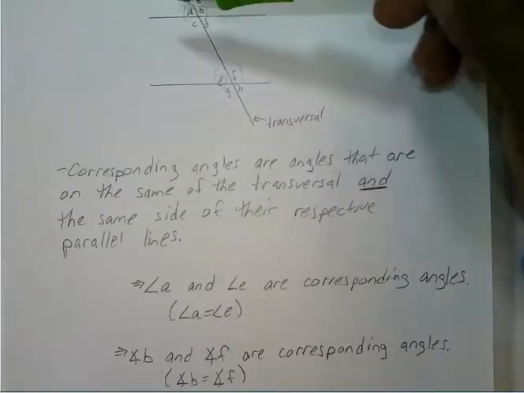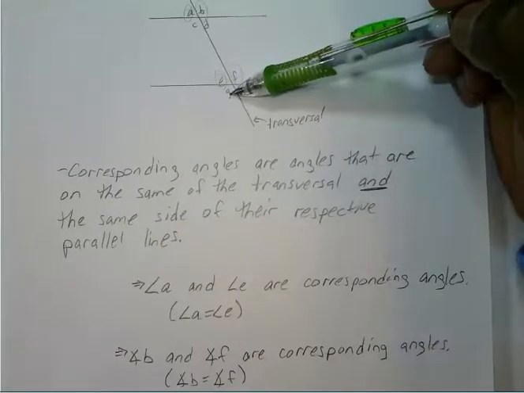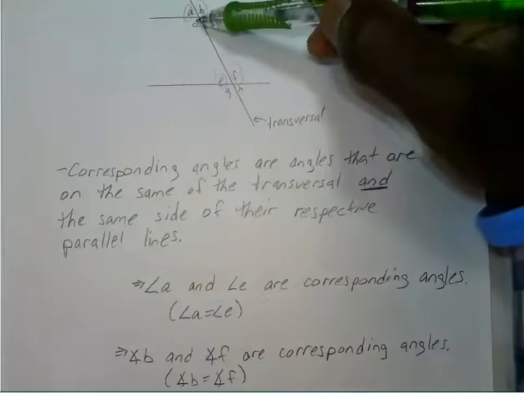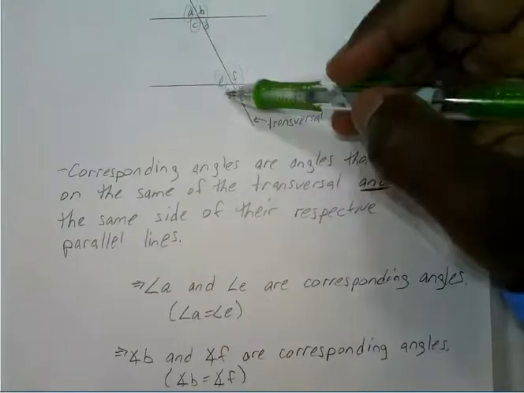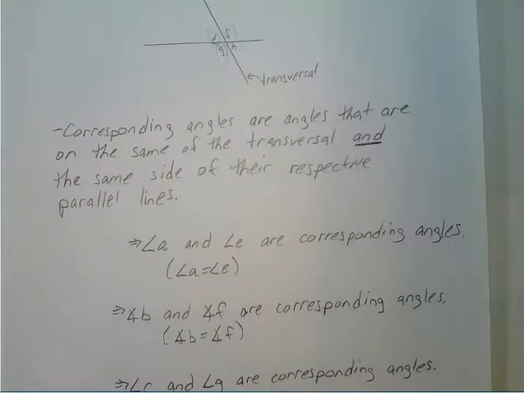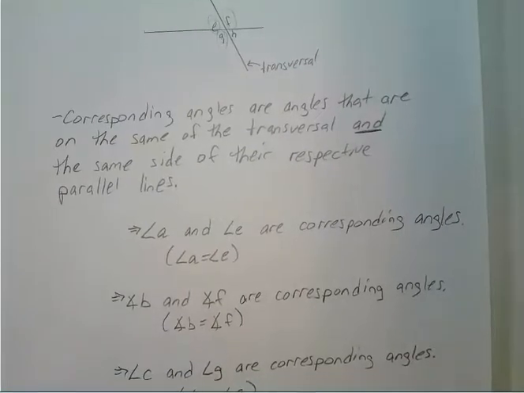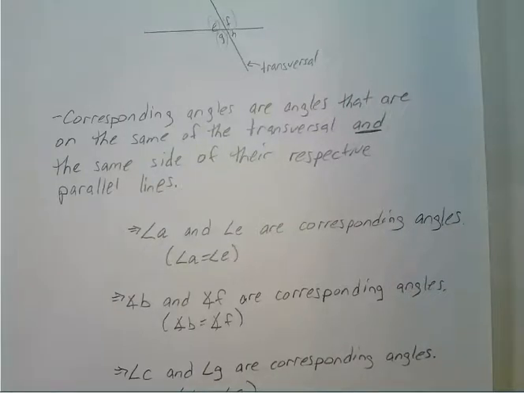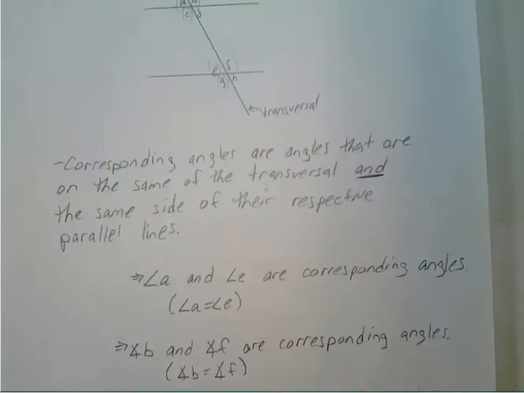Now if we look at angle C and angle G, they're both on the same side of the transversal, and they're both on the bottom of their respective parallel line. I'm just going to scroll this up. So that means angle C and angle G are corresponding angles. It also means that angle C is equal to angle G. Let me scroll this down.